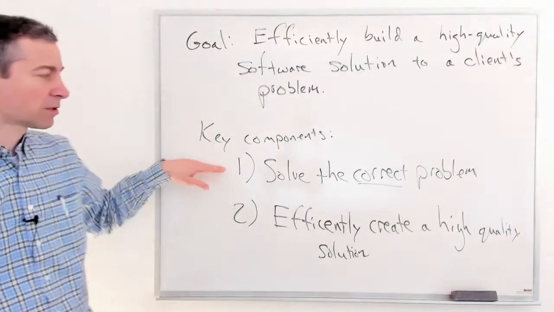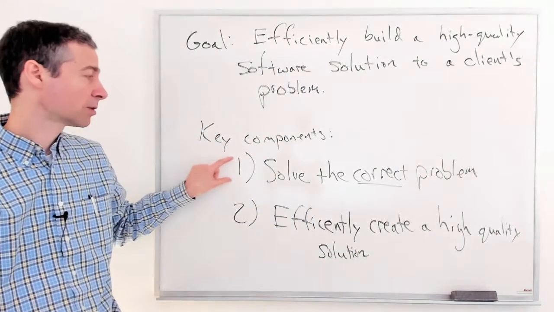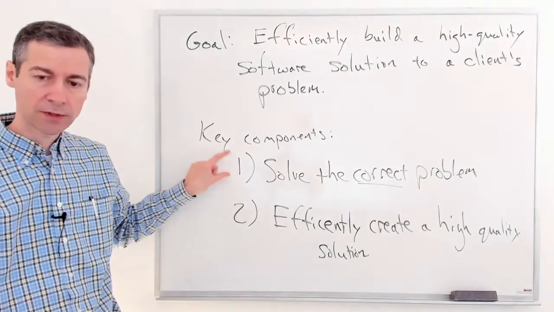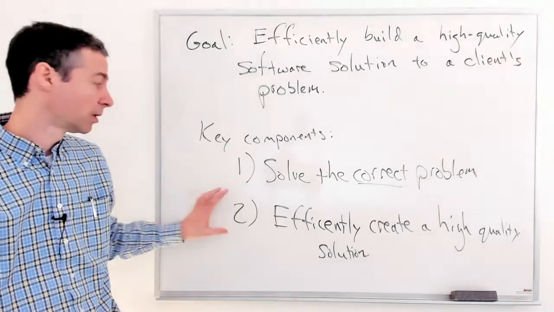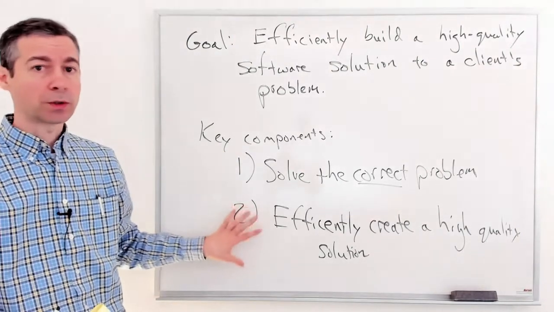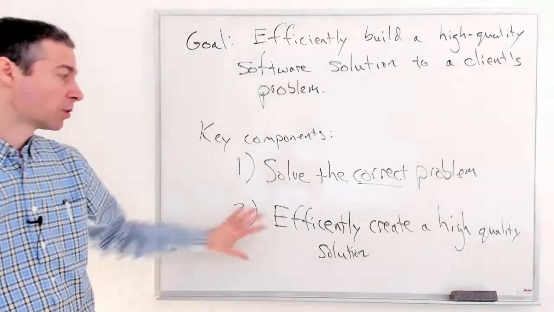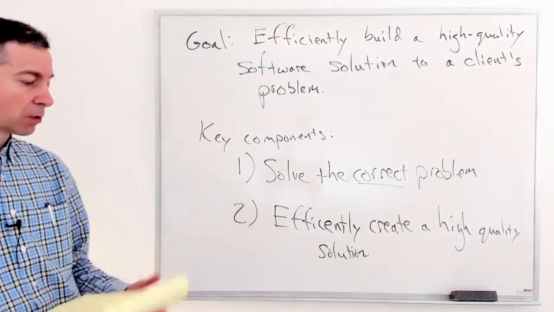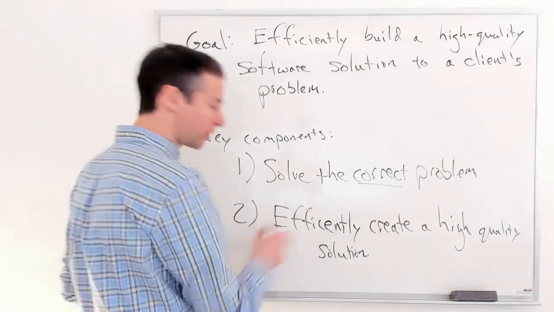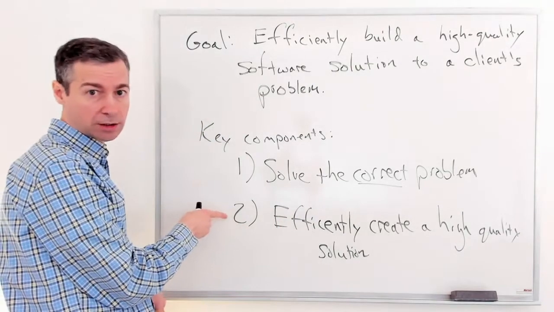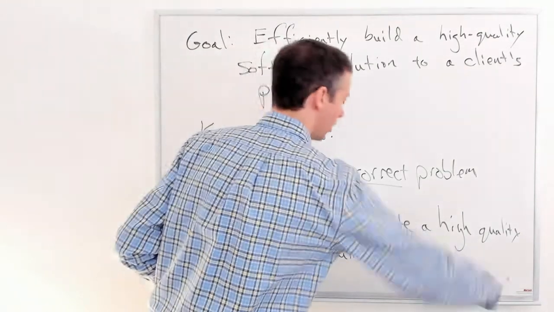And so the first thing we focus a lot on in the course is figuring out what the right problem is to solve. And then we talk more in the course about how to do this efficiently with building, to get the high quality solution.